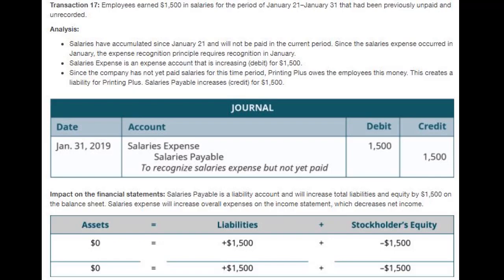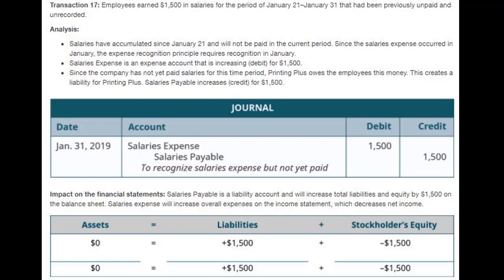My liability is increasing by $1,500. And thus, assets minus liabilities, or value, is decreasing by $1,500. A liability that increases, that's a credit. Value decreasing, well, that's an expense, and that's a debit. Which is why, for transaction 17, we're debiting the expense and we're crediting the payable.